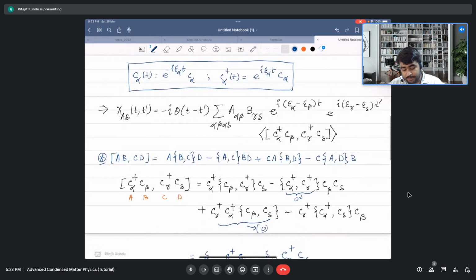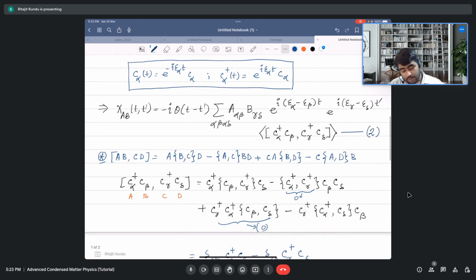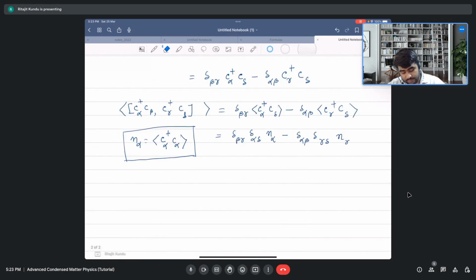So now we got something. We'll try to put this back into this expression, and we will do even more simplification. Let's call this equation 2, and we will plug that whole thing in. So equation 2 follows. Chi AB as a function of t comma t prime is given by minus i Heaviside theta t minus t prime. Then there was a summation over all of these Greek symbols alpha, beta, gamma, and delta, and the matrix elements of all of these single particle operators.